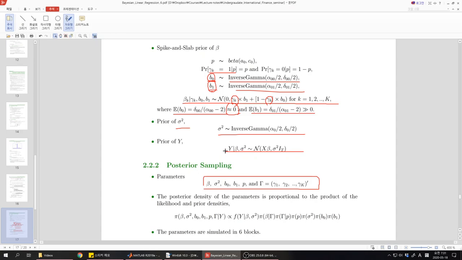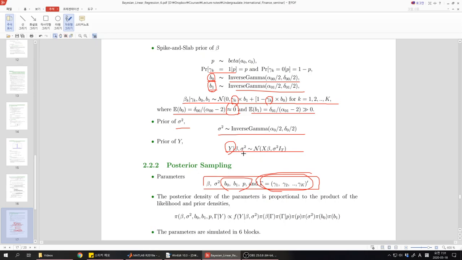But when y is generated, we don't need the other parameters. We need only beta and sigma square. And the parameters b0, b1, p, and gamma are necessary in generating what?